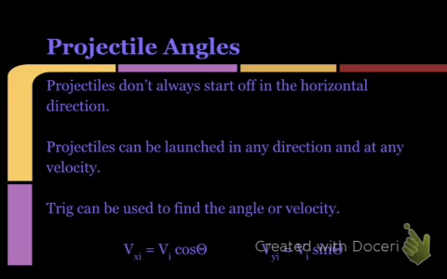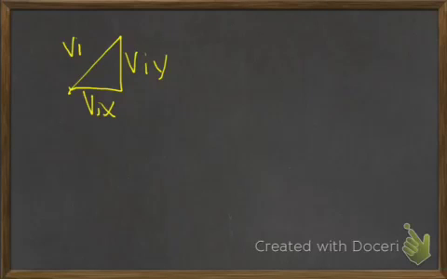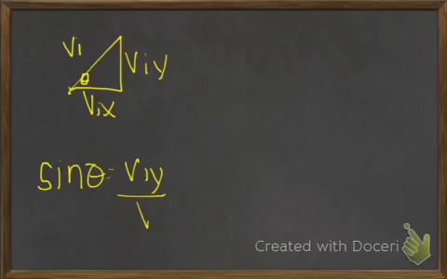These just come from the idea that in our triangle, if this is our initial velocity in general, this is initial velocity of x, this is initial velocity of y, then using angle theta, the sine of theta is equal to opposite over hypotenuse, so over Vi.